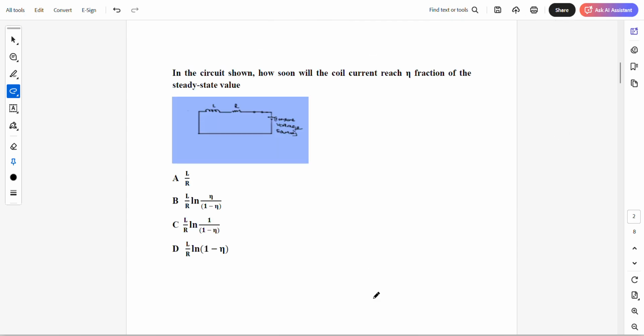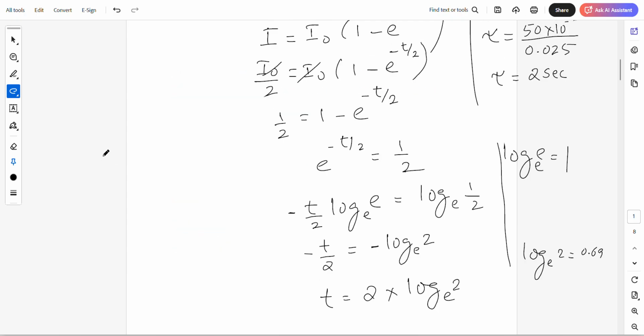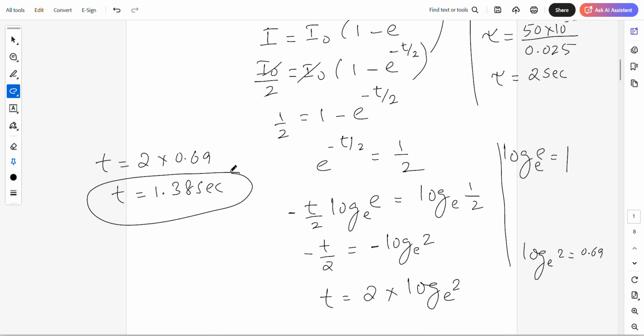Therefore, t is equal to 2 into 0.69, that is t equal to 1.38 seconds. Hope you have understood this very easy problem.